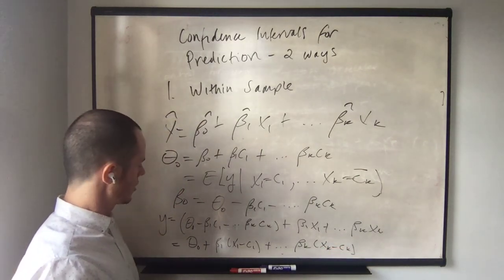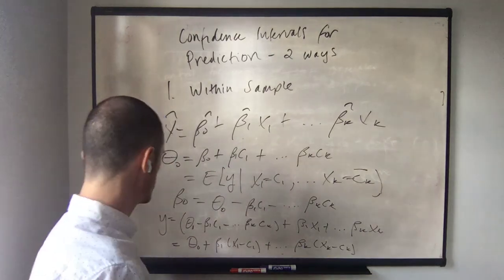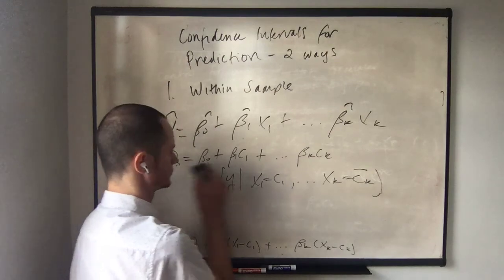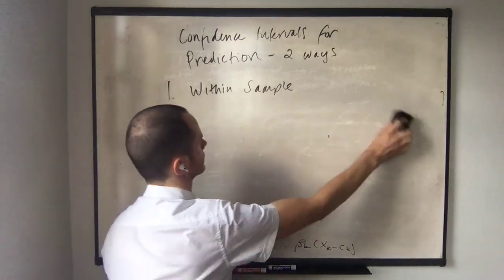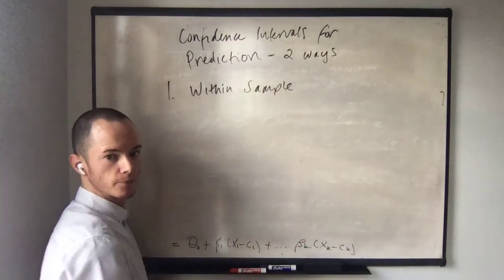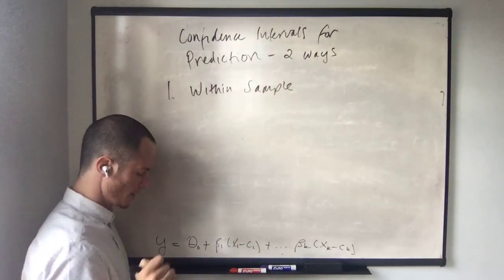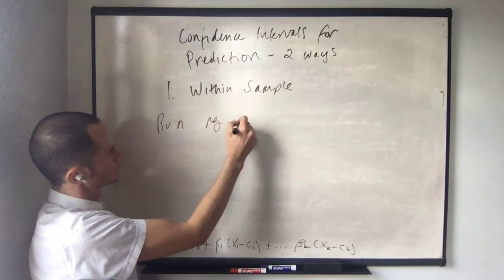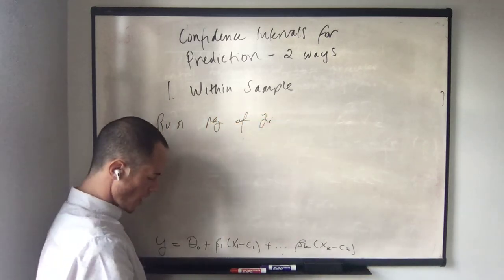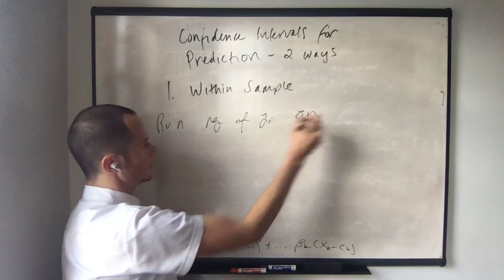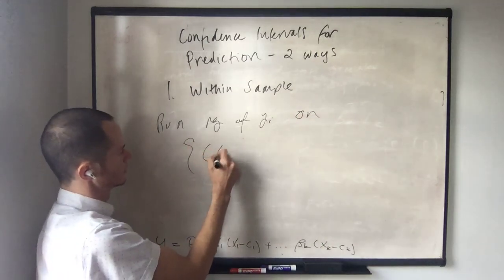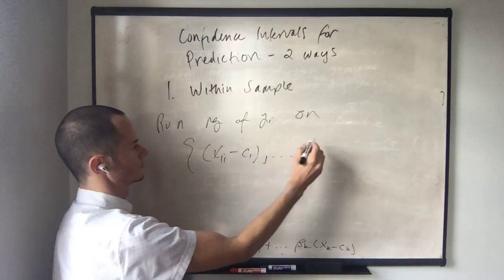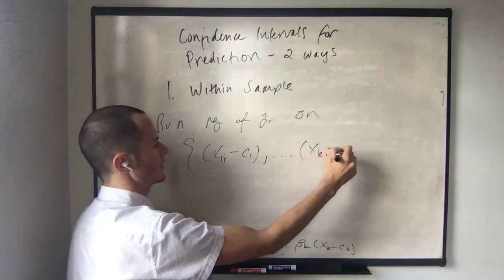So what you can see here with this last line is you run the regression of yi on x1i minus c1 through xki minus ck.